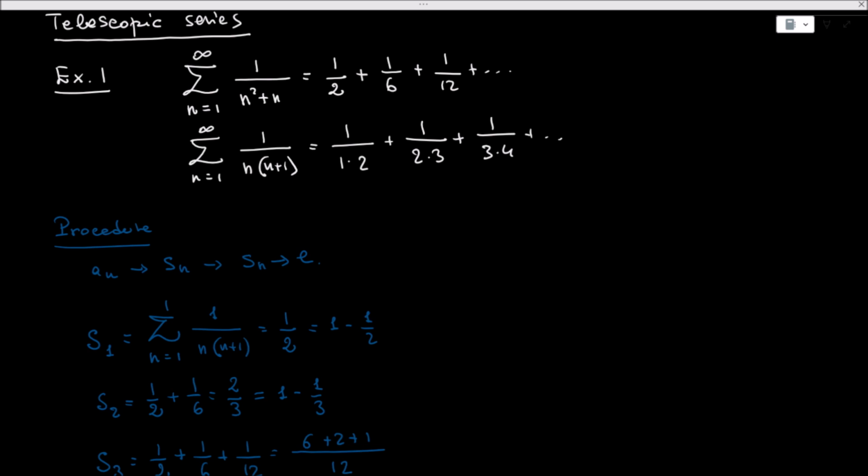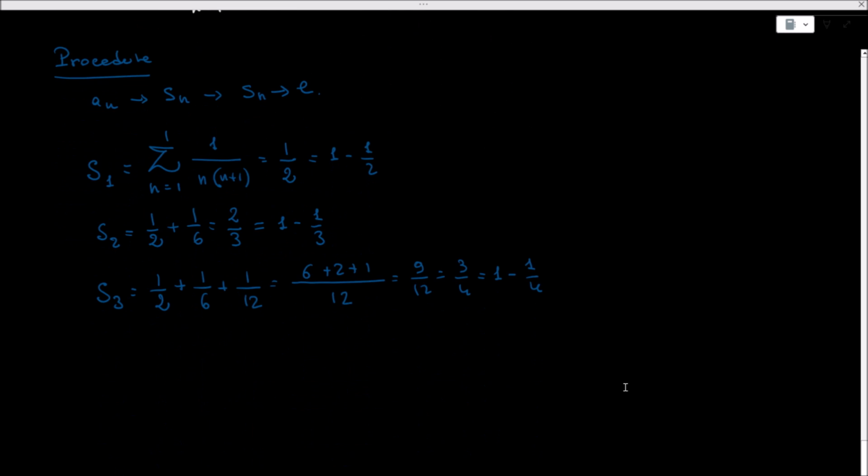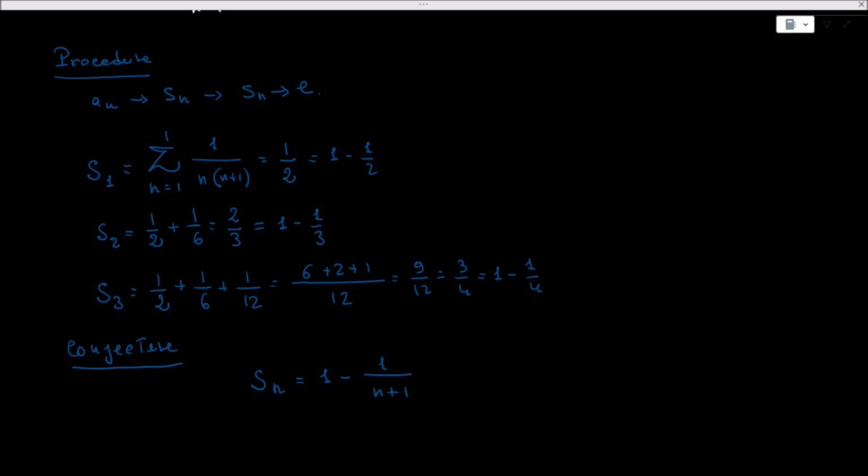Which is 9 divided by 12. Again, this is 3 divided by 4, which we can write as 1 minus 1/4. So at this point we can make a conjecture. What is the conjecture that we're making now? Well, the conjecture is that Sn would be equal to 1 minus 1 over n plus 1.